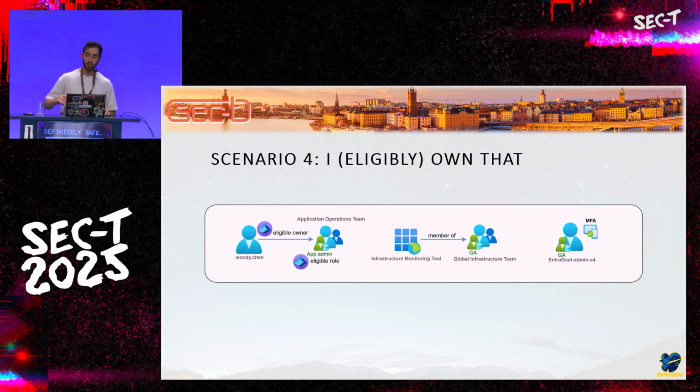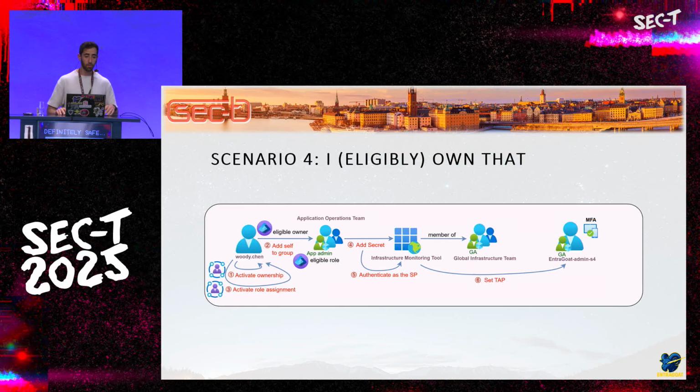So you have to activate it yourself in order to make it accessible. But again, it is the same attack path as in scenario number 3, just with an extra step. First you have to enumerate and find that you have that PIM assignment. Then you have to activate it, and then just like in scenario number 3, you have to take advantage of the application administrator role and exploit the scenario.